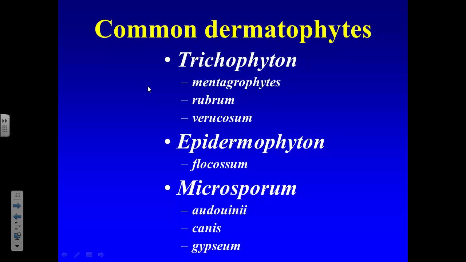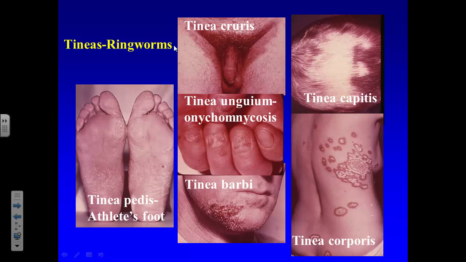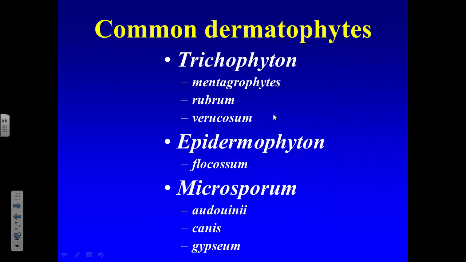That should be at the end of lecture 1 in your syllabus. All of these genera are likely to cause any of these, but most cases of athlete's foot are caused by Trichophyton mentagrophytes. Most cases of tinea capitis are caused by Microsporum, for example. Not entirely all of them, though.